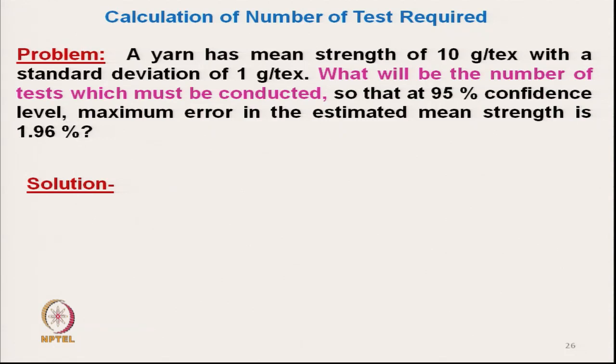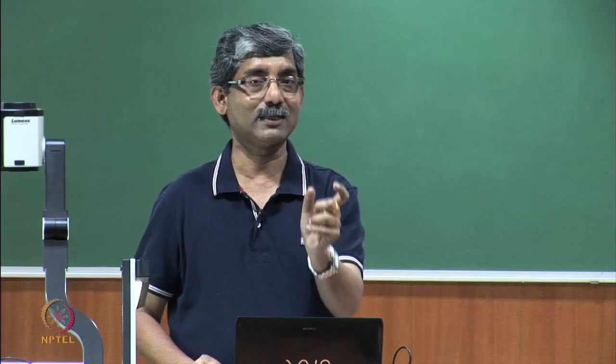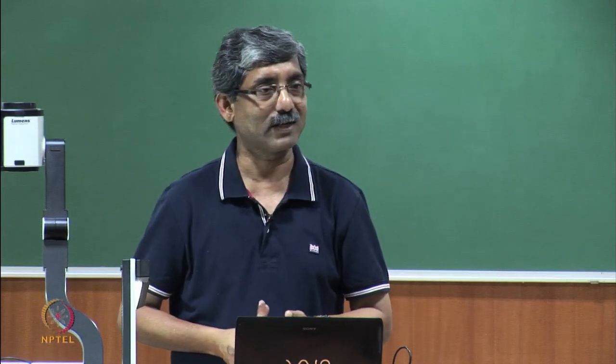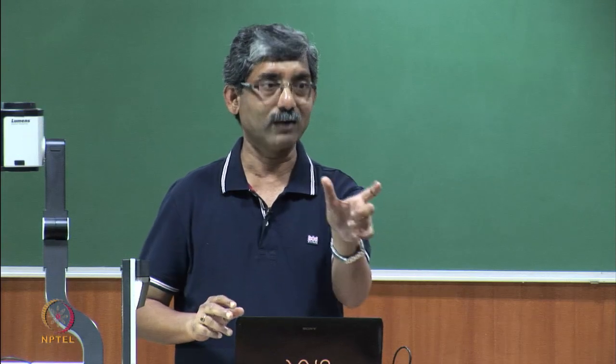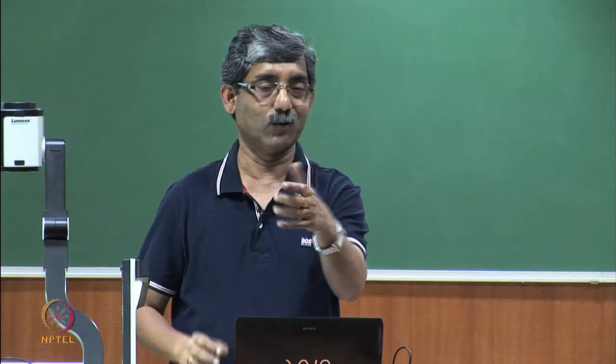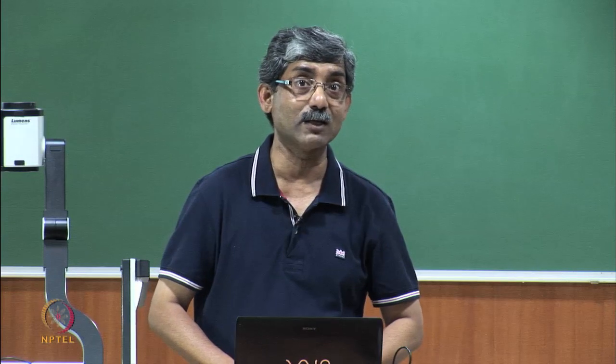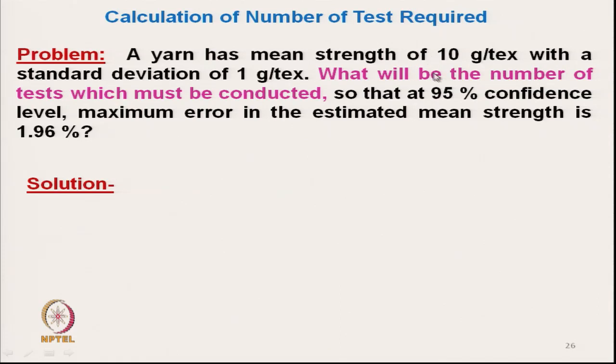What does it mean? The target is that I can allow a maximum error percent in my data of 1.96%, that is the allowable limit. Beyond that I cannot allow 2% error, whatever reading I am taking. So, I can allow only 1.96% maximum error, and maximum error of 1.96% of what? 1.96% of 10 gram per tex, that is the mean value.